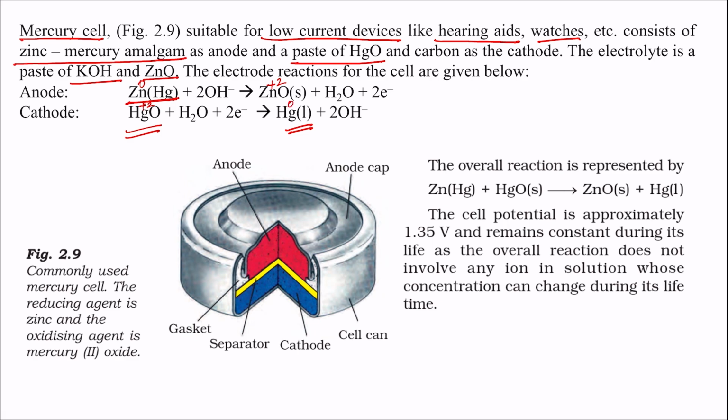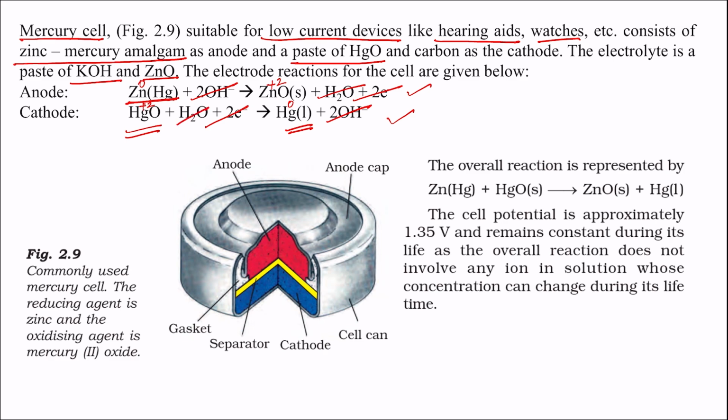So this is reduction. Now in the overall reaction, when the oxidation reaction at anode and the reduction reaction at cathode are added, the 2 electrons on the product side and 2 electrons on the reactant side get cancelled, as they are on opposite sides. The 2 OH- ions on the reactant side and 2 OH- ions on the product side cancel, and H2O on both sides also cancel.